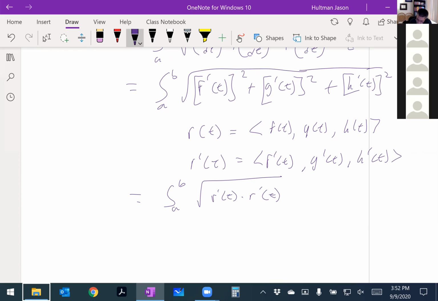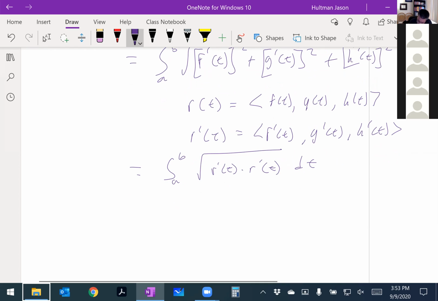We're taking the first component squared plus the second component squared plus the third component squared. So this is equal to the integral from a to b of the magnitude of r prime of t dt, and that's L.